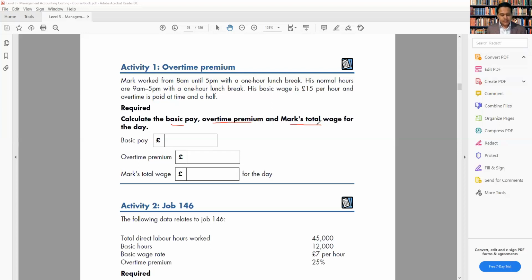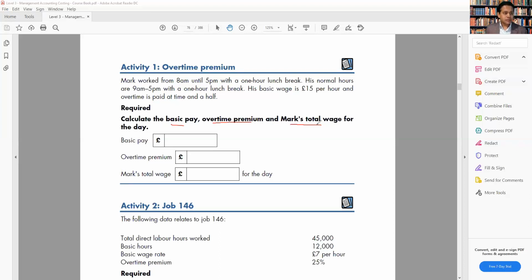Linji, what is it? Basic pay. You see there are a lot of different results coming from everyone.